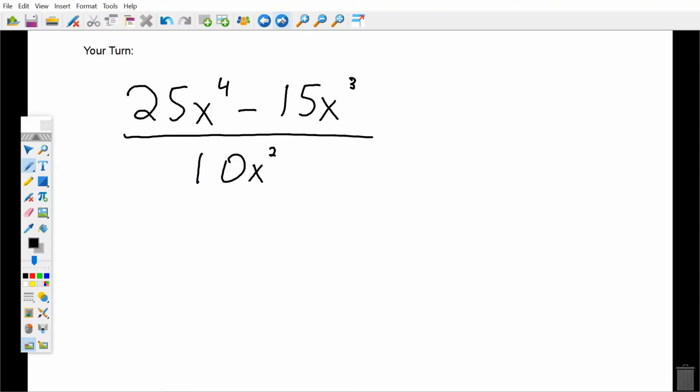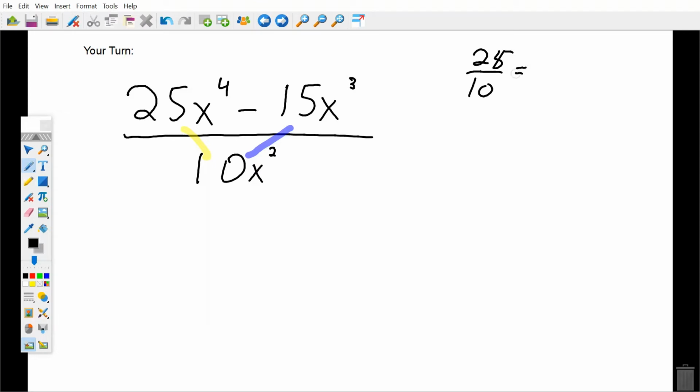I'll give you a chance to try this one. 25x to the 4th minus 15x cubed divided by 10x squared. And the answer is, well, 25 divided by 10, they can both be divided by 5.